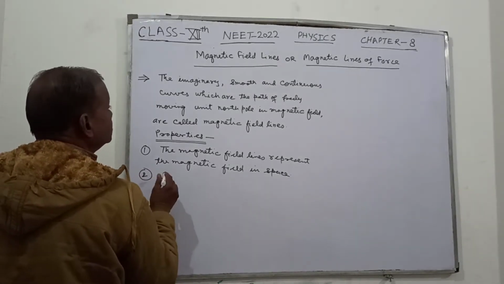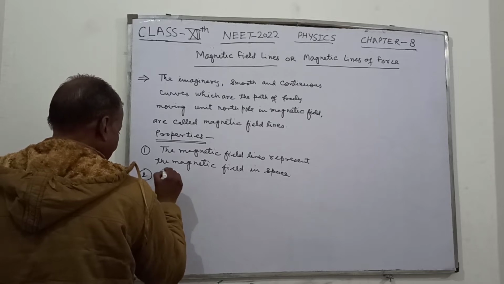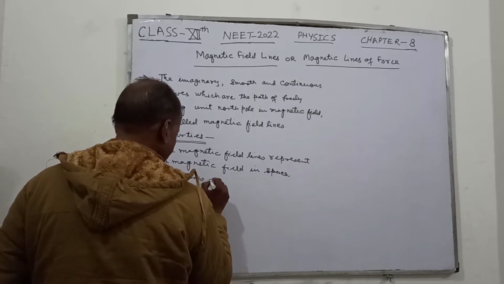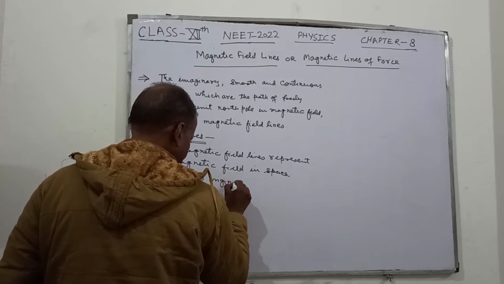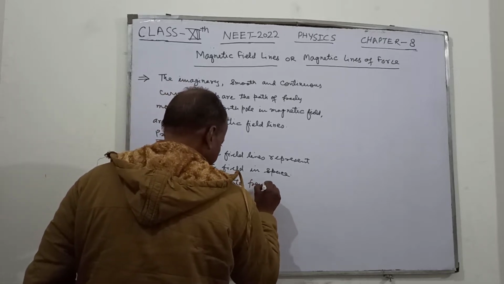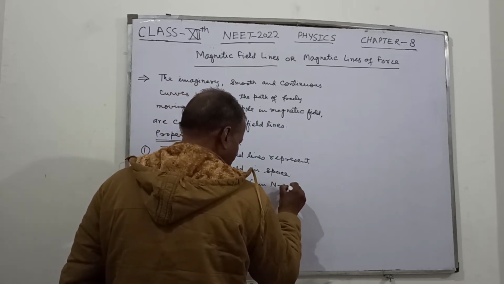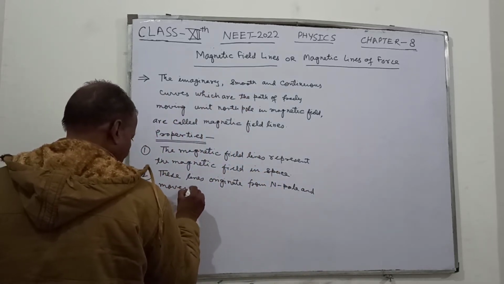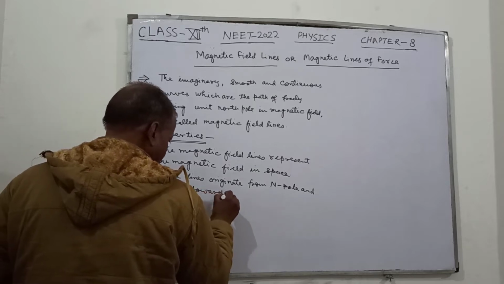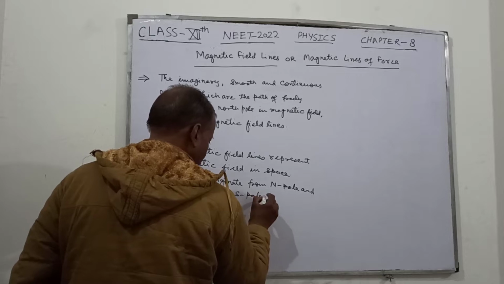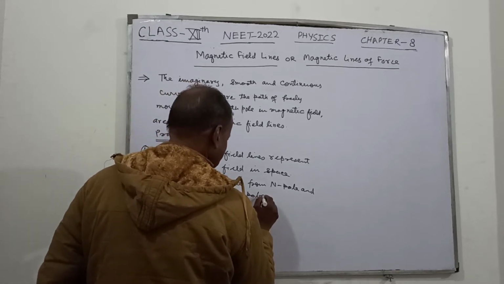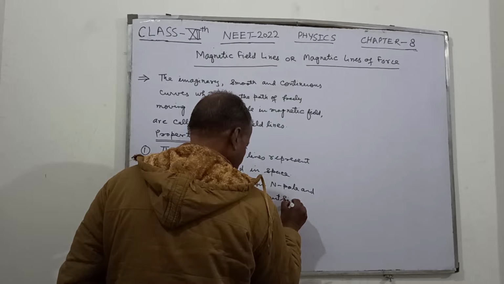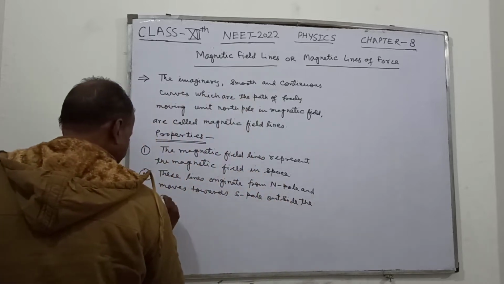Number two, these lines originate from the North Pole and move towards the South Pole outside the magnet.